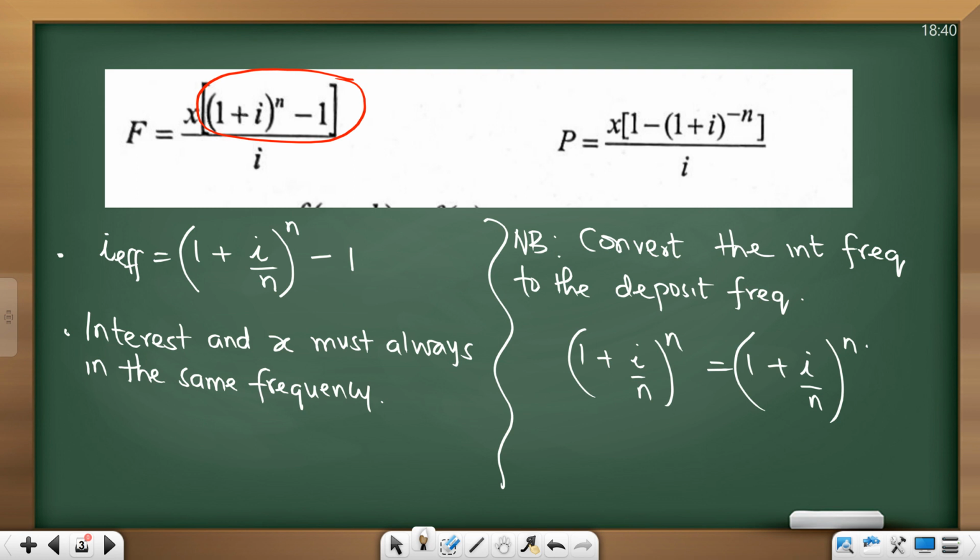Just convert straight like that. We equate the interest and we're done. Quarterly to monthly. So this is one, maybe this is quarter. That is what? Monthly. And you know, once I say monthly, it becomes what? Divided by.